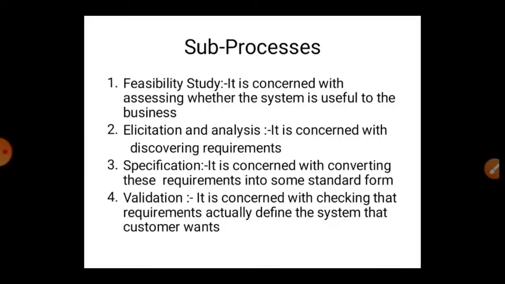2. Elicitation and analysis. This second sub-process is concerned with discovering requirements. In this sub-process, we try to understand what the requirements for this system are. We collect a lot of information in this sub-process and analyze it. 3.